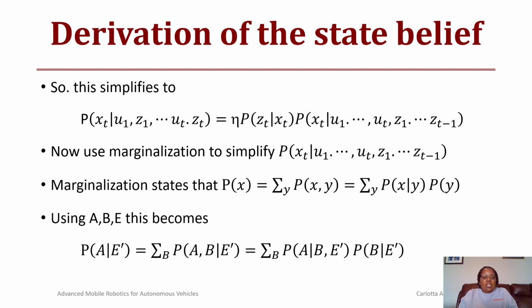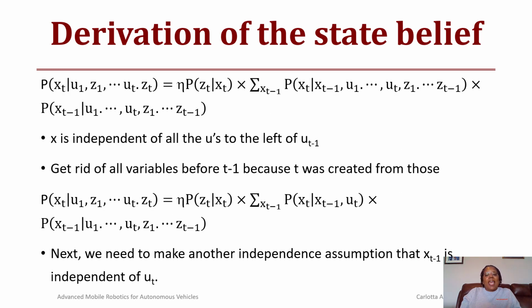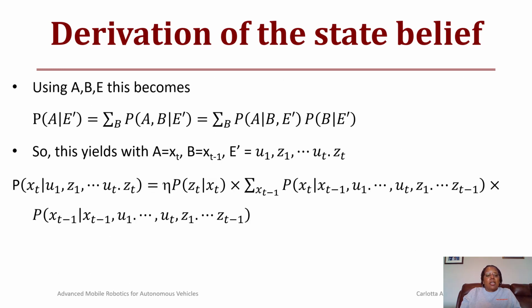So we're going to write this in terms of A, B, and E prime as the probability of A given E prime is the summation over all B of the probability of A and B given E prime, or that can be written, using marginalization, as the probability of A given B and E prime times the probability of B given E prime.